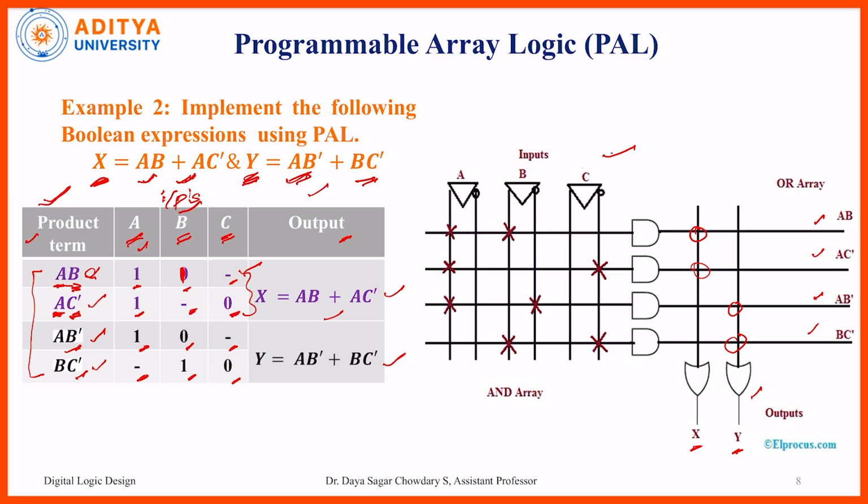So these cross marks indicate the fuses. That means these AND gates contain inputs that are programmable. But here only dot representation is there. That means these are the fixed OR gate representation. So according to Boolean algebra, we can construct this circuit.